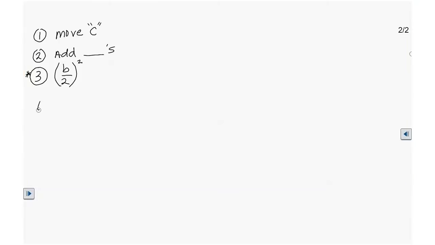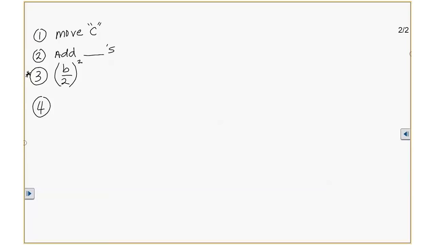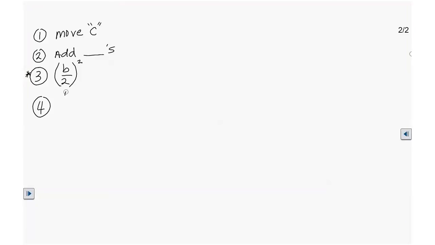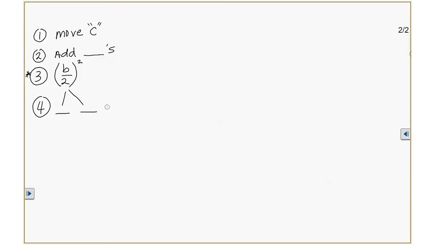After you put B divided by 2 and square it, you put that into the blanks. And I usually just draw that. When you see the problem, you'll see what I'm talking about.